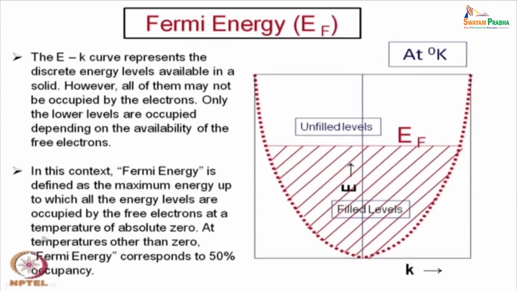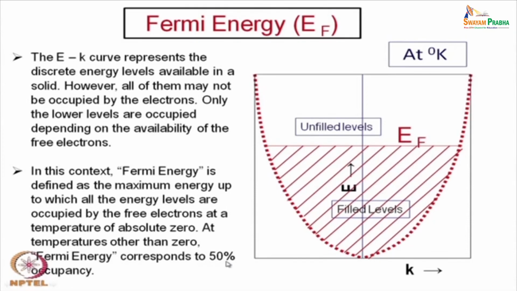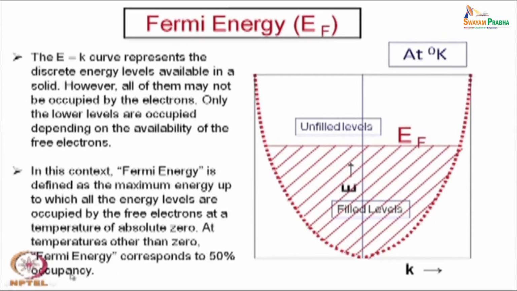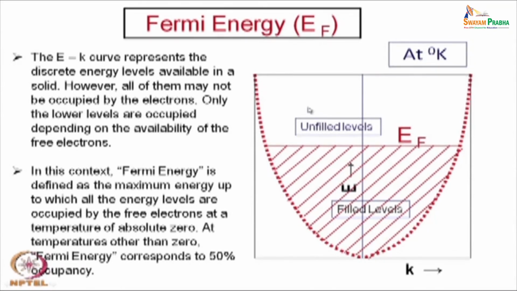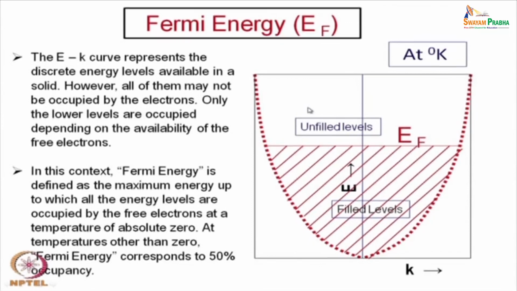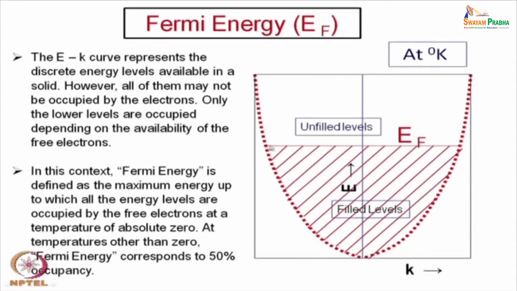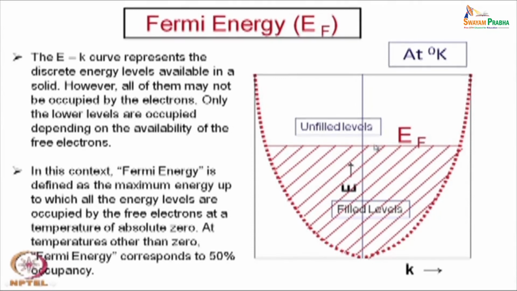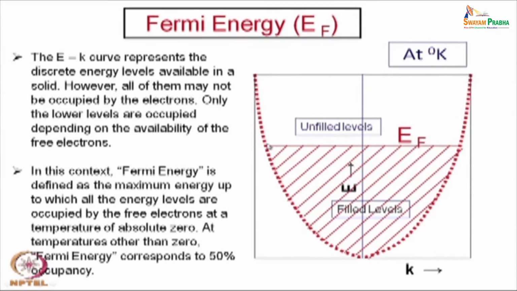So, at temperatures other than 0, the Fermi energy corresponds to 50% occupancy, and that we will see later. Some electrons will jump to higher levels, and there will be some vacancy. But the occupancy level will not be 100%, it will be up to 50%. But the EF, the energy level, is a constant for a particular system.